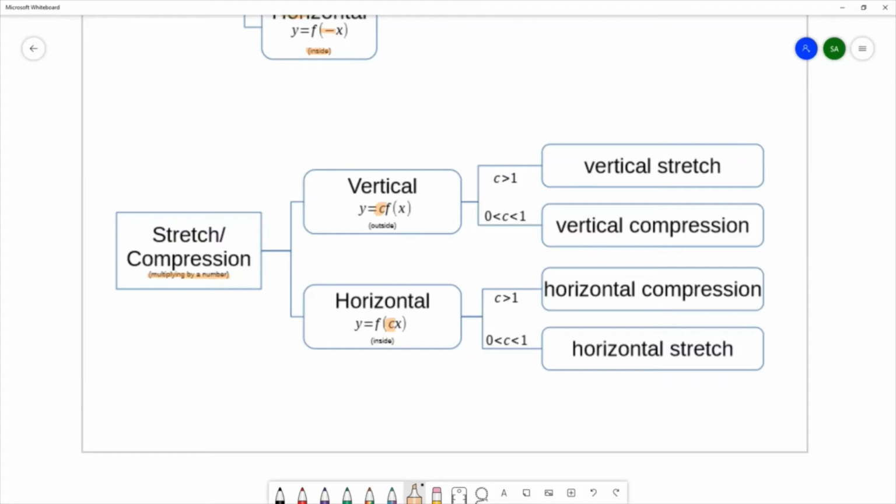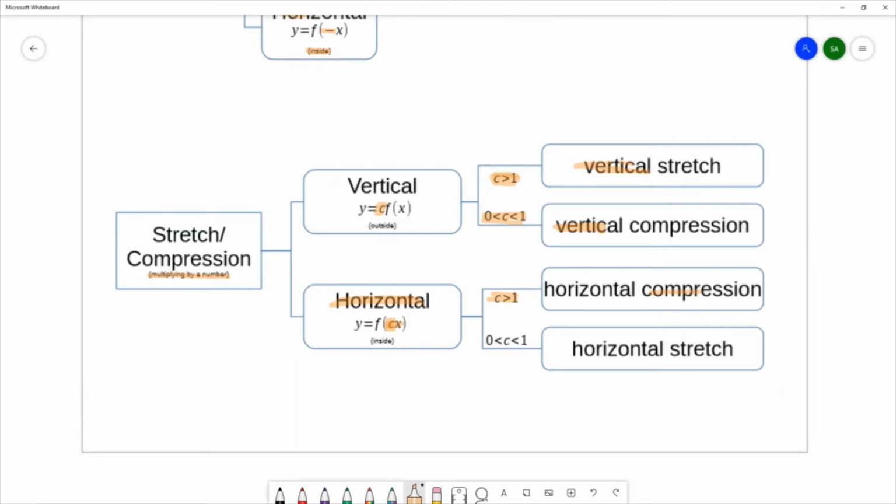If you multiply on the outside, you have a vertical, either stretch or compression. It's called a stretch when the number is bigger than 1. It's called a compression when it's in between 0 and 1. If your number is multiplied on the inside, you have a horizontal stretch or compression. If the number is greater than 1, it's a compression. If it's in between 0 and 1, it's a stretch.